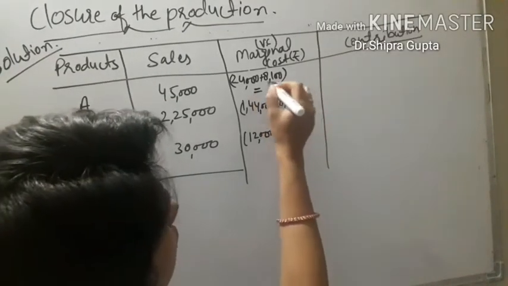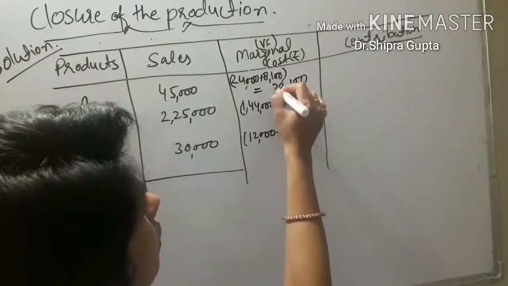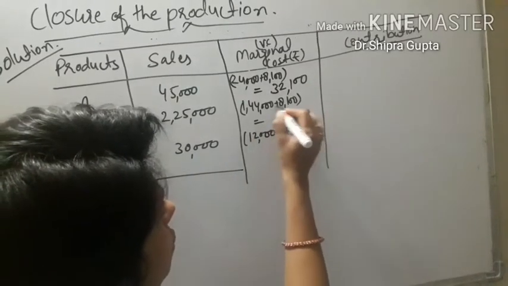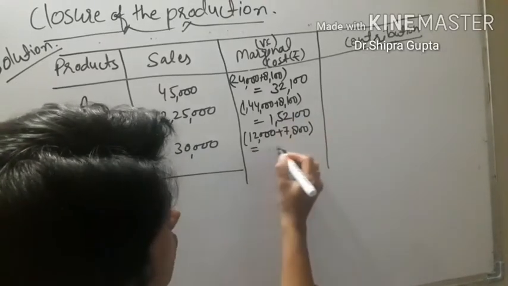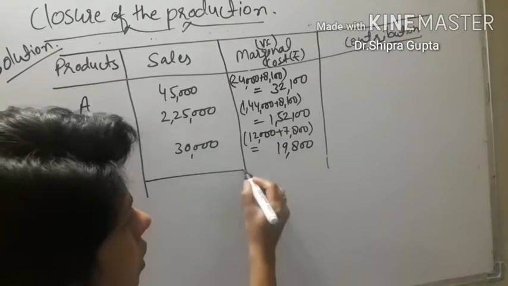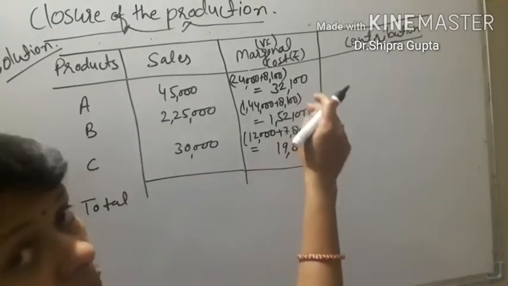Now we will total it: A is 32,100, B is 1,52,100 and C is 19,800.